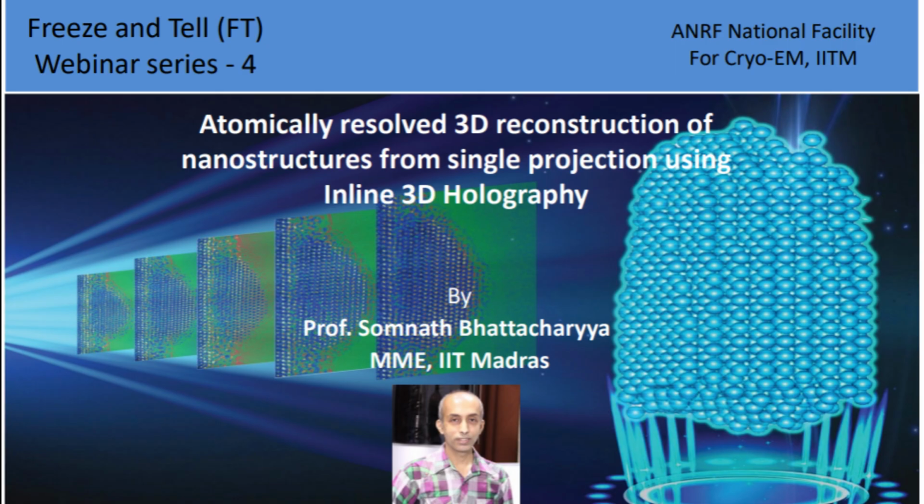Then he did postdoctoral work at a few laboratories, like Virginia Tech and the Leibniz Institute for Surface Modification in Leipzig. And then he was working in TA4 as a leader from 2009 to 2015. He joined our institute IIT Madras in 2015, and from 2020 he's a full professor here.